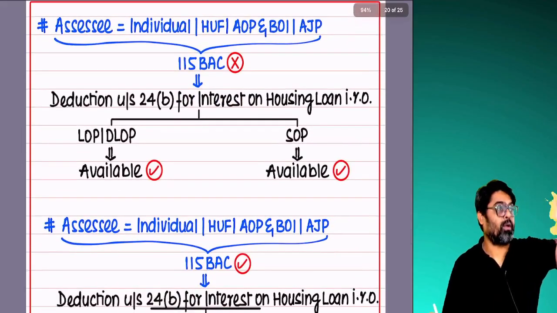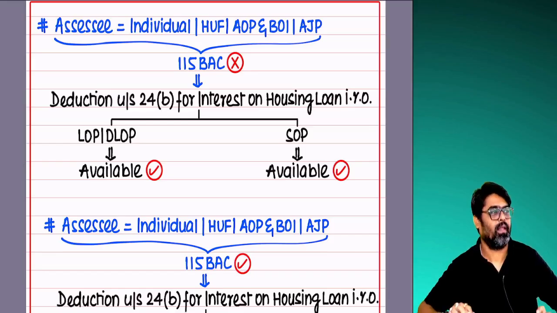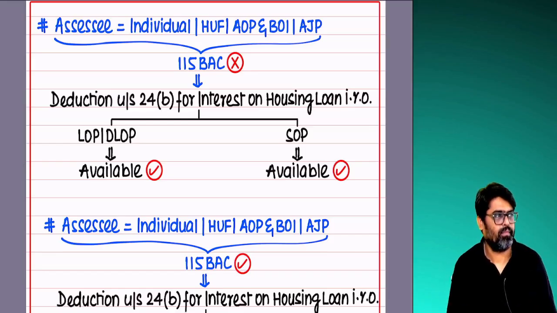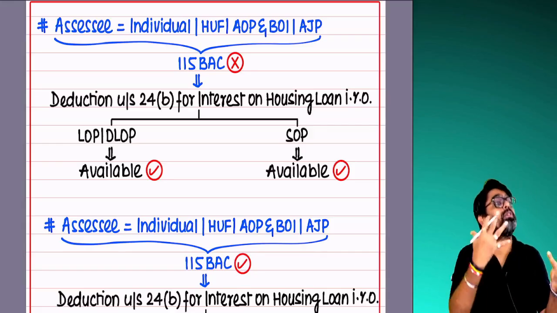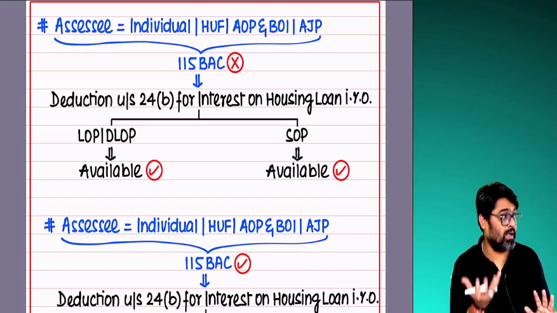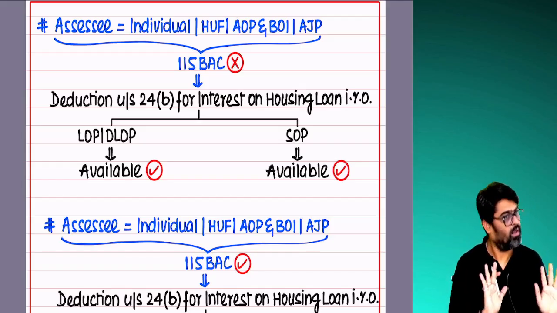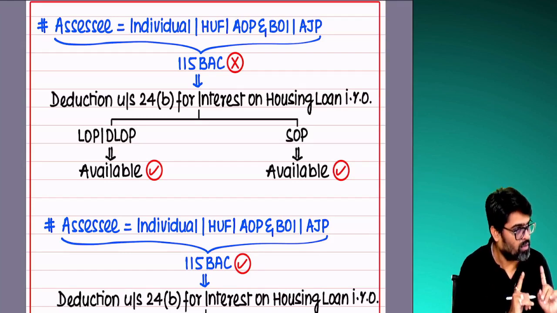One important thing. Do you remember there is one default tax regime under section 115BAC? If you follow 115BAC, certain deductions, certain exemptions are not allowed. Certain deductions, certain exemptions, yes or no? Do you remember that?